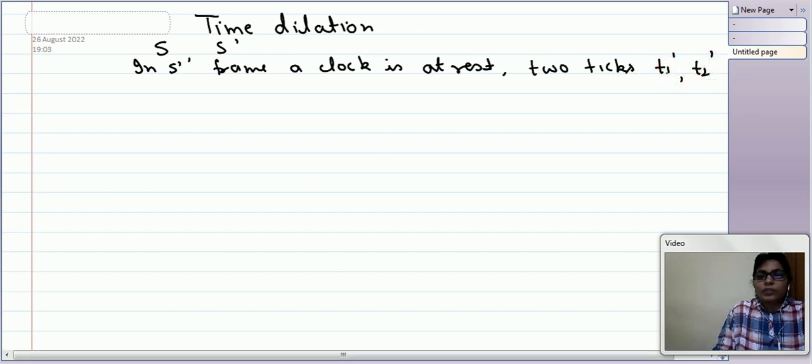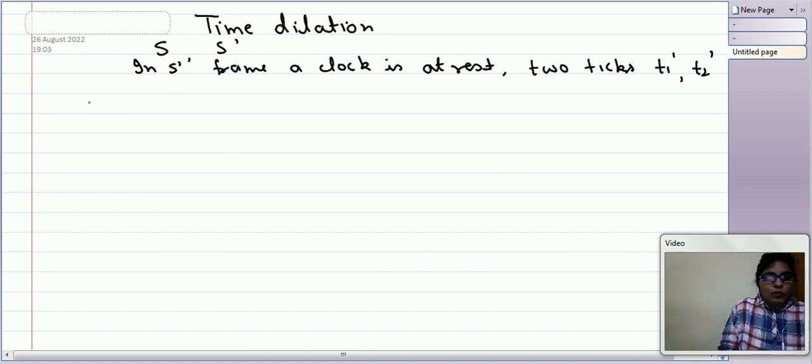So the time interval is t2 dash minus t1 dash. What will be the apparent time interval to a person situated in the frame S? So this we have to work out.